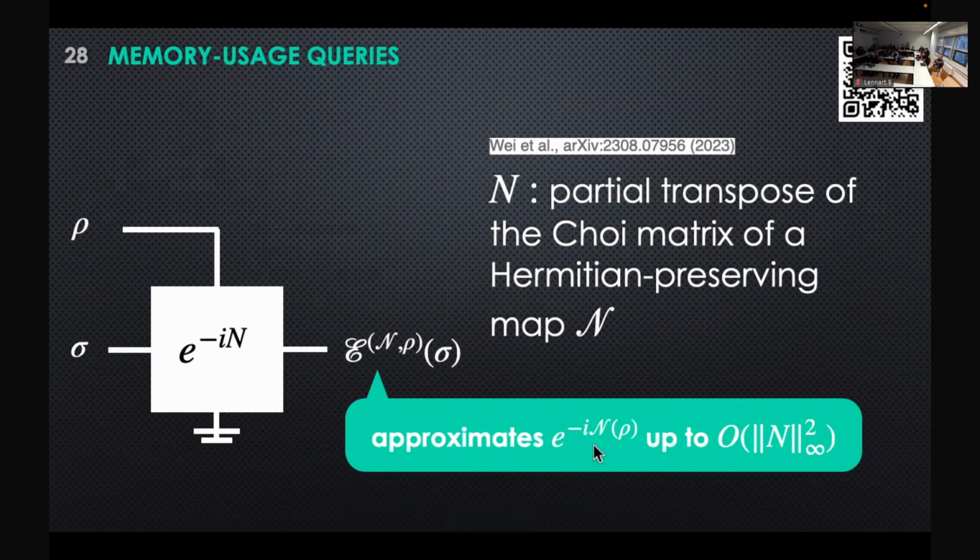You can actually do any exponential of i N of rho, where N is some Hermitian preserving map, by replacing the swap operator with an operator that is the partial transpose of the Choi matrix of the intended Hermitian preserving map N. And we again have the error, and again we can reduce the error to an arbitrarily small number by just chopping this up and repeating this m times.